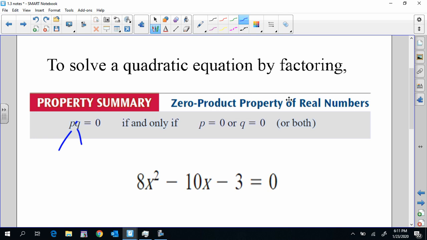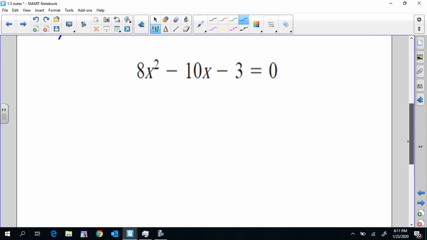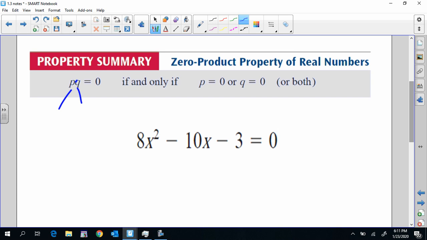Factoring creates a multiplication problem out of an answer. And so we could set those two equal to 0 and test and see. Oh, that means this is probably factorable, because P times Q must be two factors, things that are multiplying.